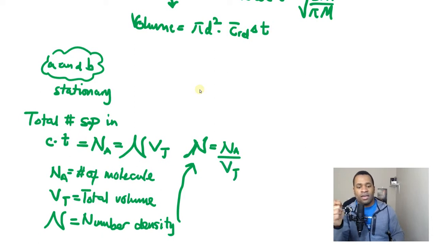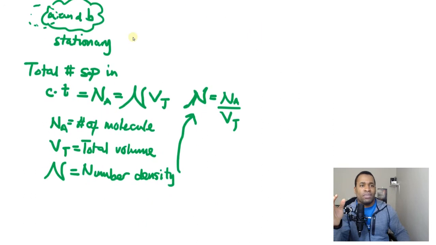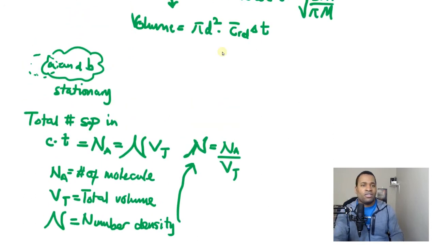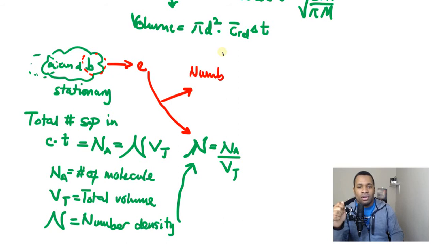So therefore, in this particular case, when we express this in terms of the number of hit collisions in a time interval by E on A, if A is our hit, but in this case you're looking at it as a miss, so we're going to focus on B. We're going to see how E actually collides with B. Therefore, we need to determine the number of hit collisions at a specific time interval.